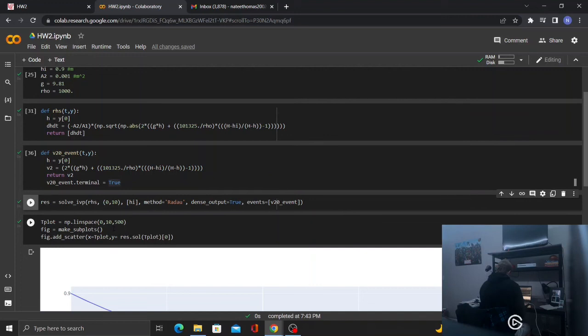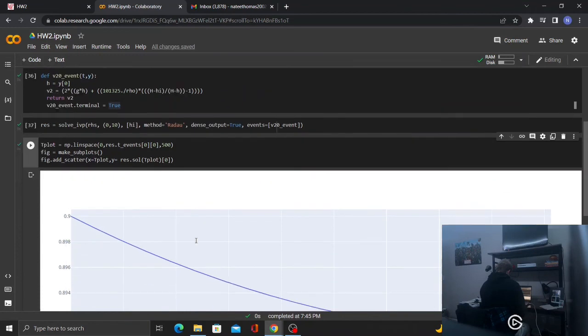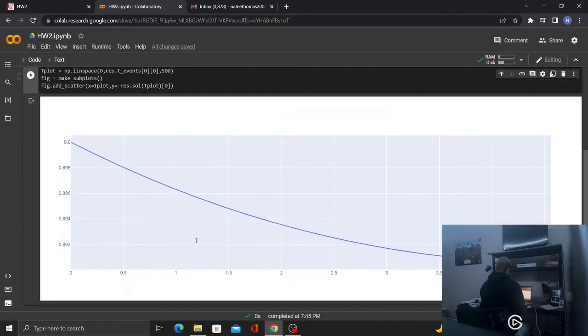And now finally, right here, instead of going from 0 to 10, we have to use the res.t underscore events command, and we have to put 2 indices here. And that should give us our final plot.